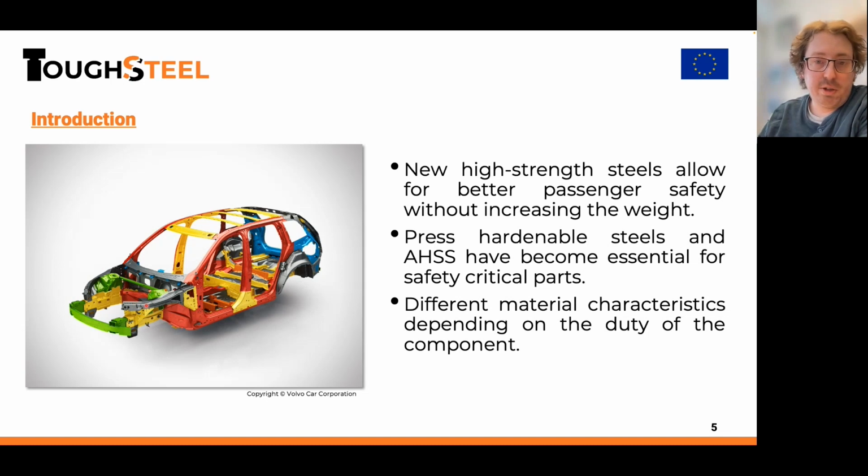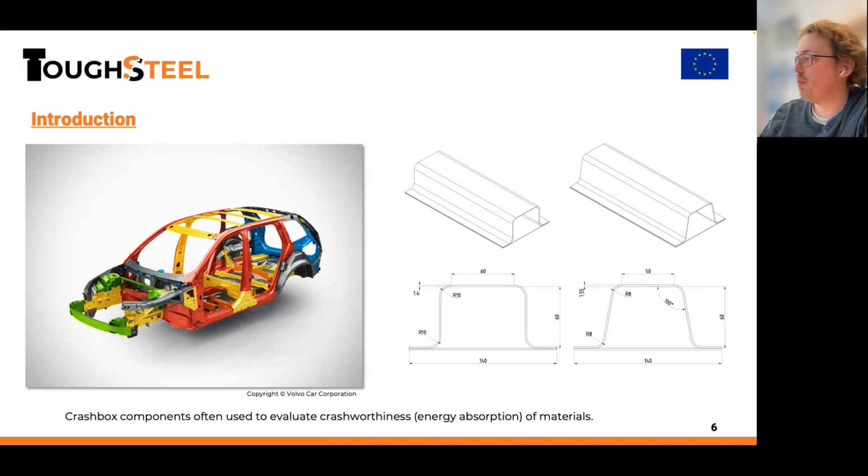And these parts in the front here are often loaded under axial compression, which is the setup I have chosen to investigate here, as you could see a little bit from David's presentation as well. Here you can see a couple of crash box geometries I have used.